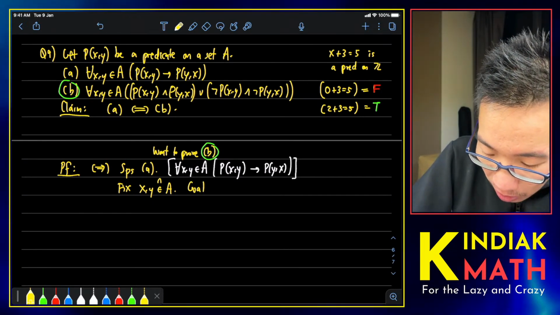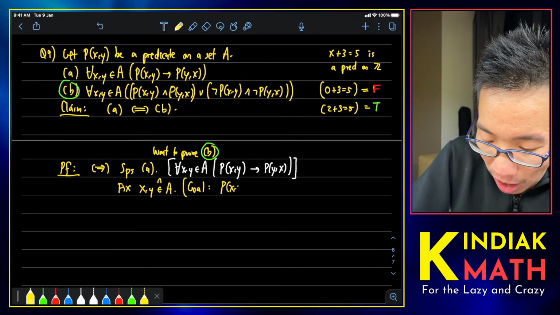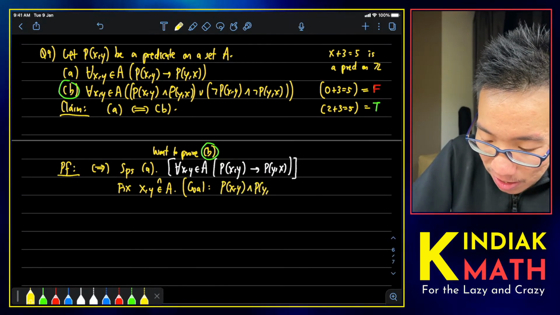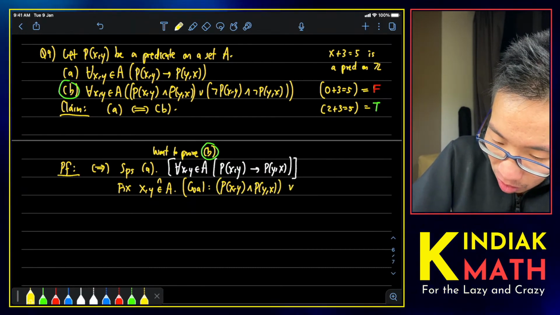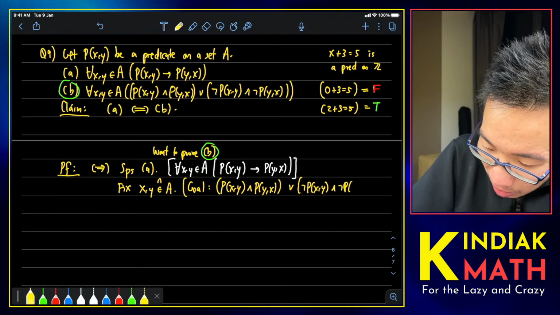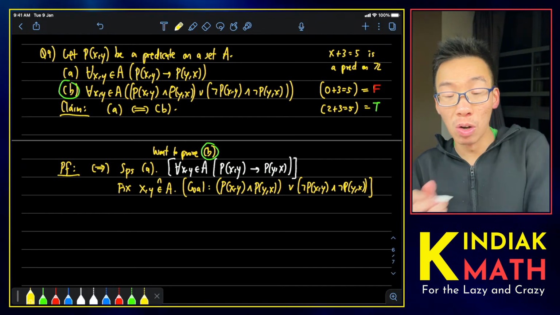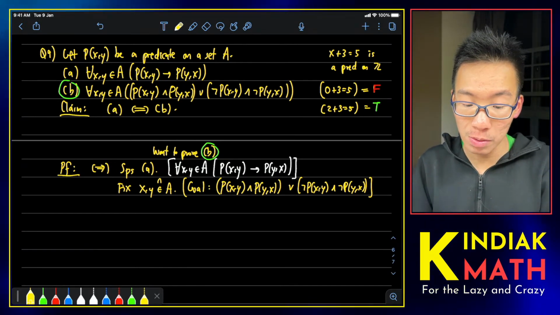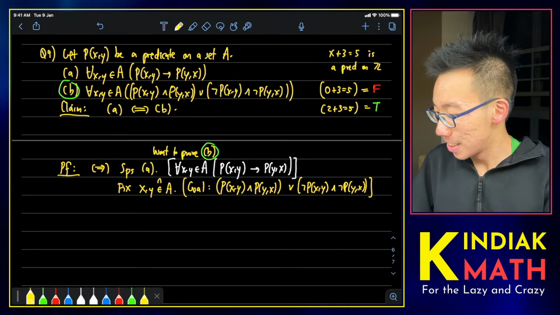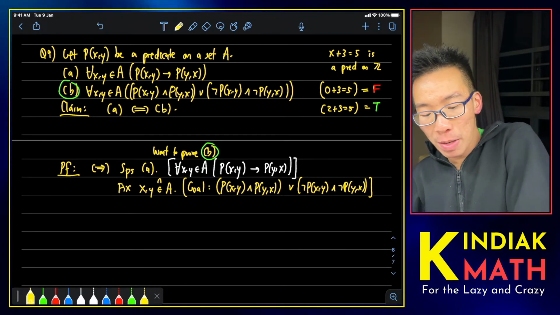Our goal is to show that P(x, y) and P(y, x), or not P(x, y) and not P(y, x). This is our goal. So this is a rather lofty goal. It's not exactly an obvious goal, I would say, but we'll have to think about it.